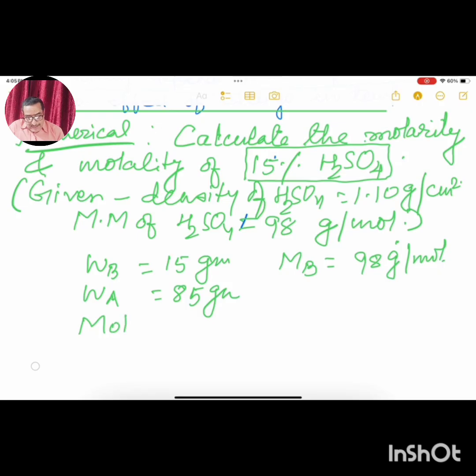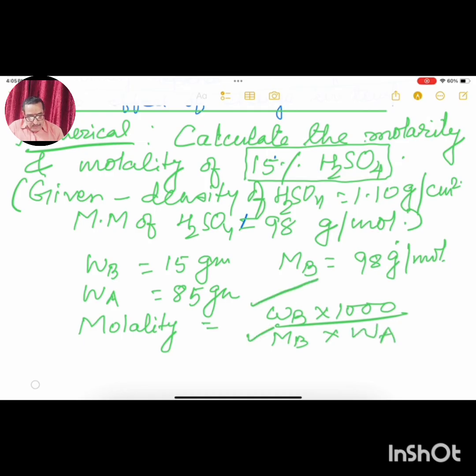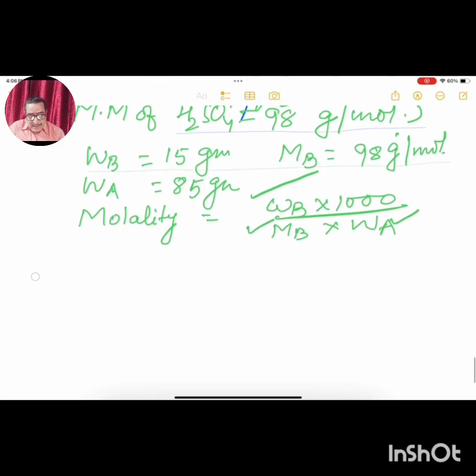Our target is to calculate molality first, because the formula is Wb into 1000 divided by Mb into Wa. You see, Wb is given, Mb is given, Wa is given. How easy it is to solve the numerical problem if you read it honestly.